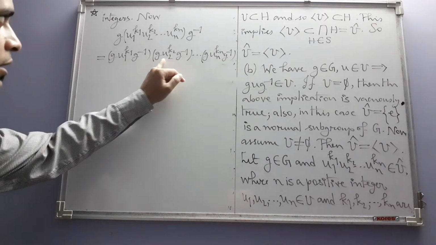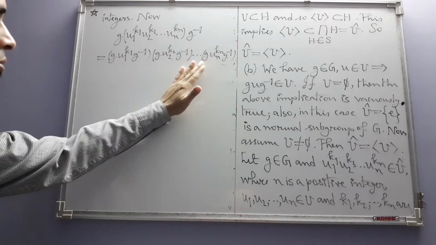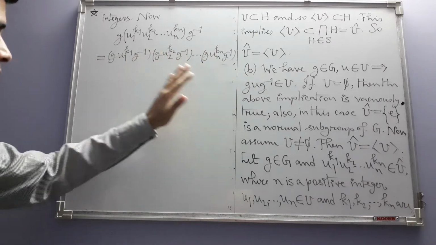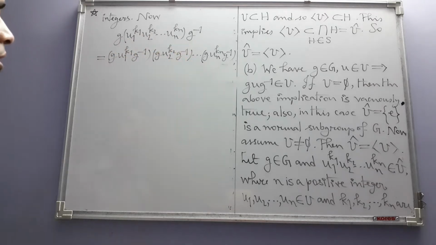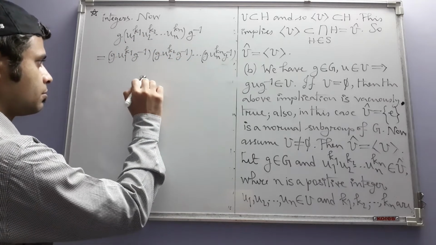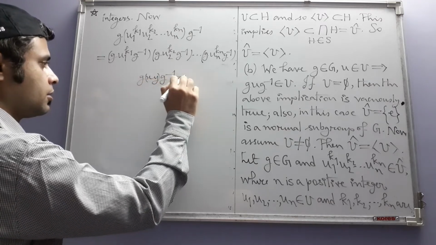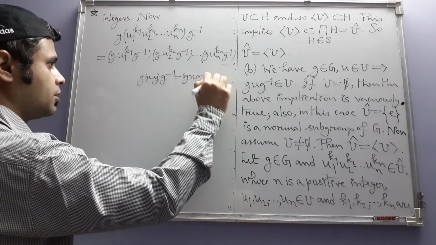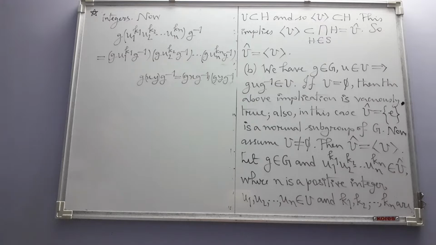The G inverse G's that are appearing inside, not on the boundary, they cancel out, leaving us with this. It's just like that thing: G x y G inverse equals G x G inverse times G y G inverse. It's like that.